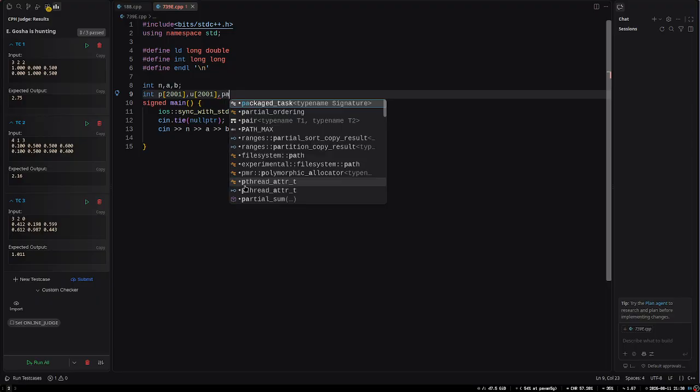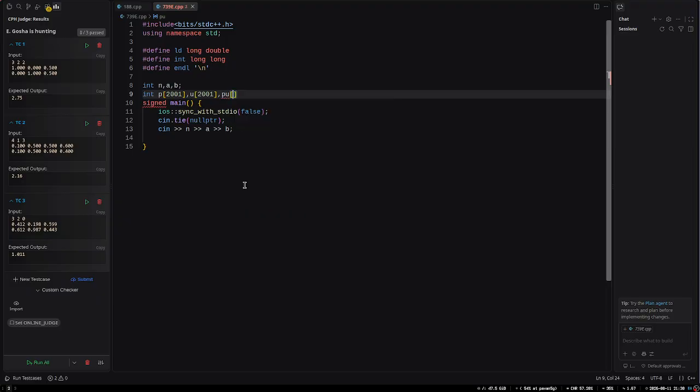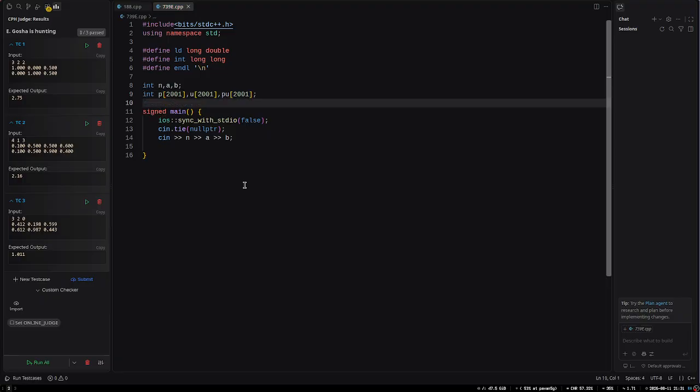And let's take another probability, which is PU, both Pokeball and Ultra Ball, and this would also go till 2001. We are maintaining these arrays globally so that we can use them. They are given data, so it's not even a pre-compute. Sorry, my bad, pre-compute was the wrong word.